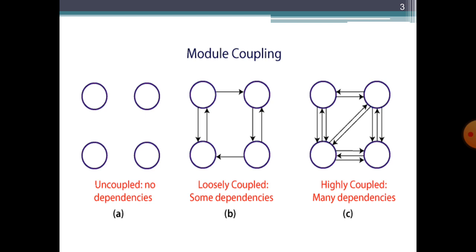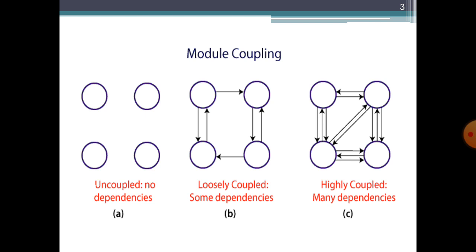In figure B it does not have zero coupling, but it has coupling up to some extent, at a moderate level, which can be acceptable. But figure C represents high coupling between these modules, because you can see these nodes or modules heavily interacting with each other. These arrows show how the modules are interacting with each other.